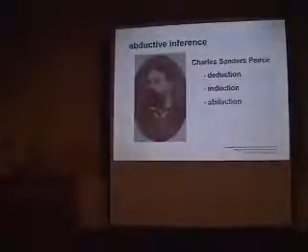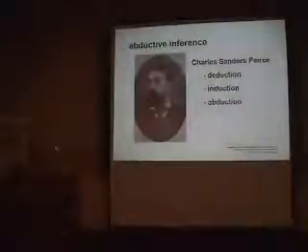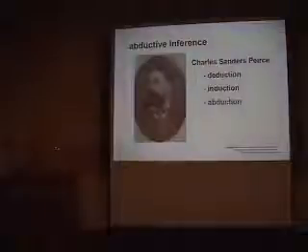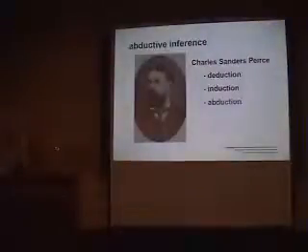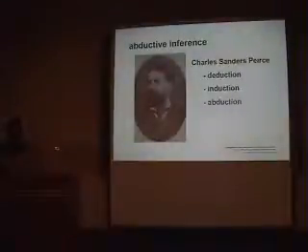Charles Sanders Peirce proposed abductive inference as a third logical inference format. He distinguished between three kinds of inference, say, deduction, induction, and abduction. And here, inferring history is a kind of abductive inference.